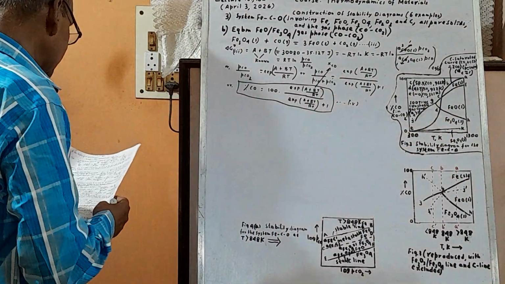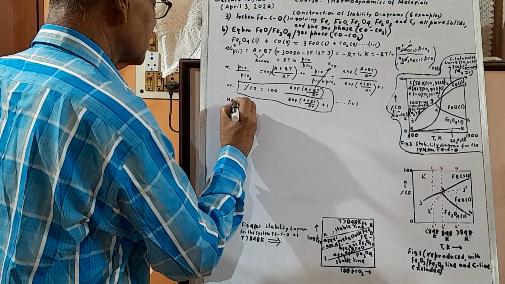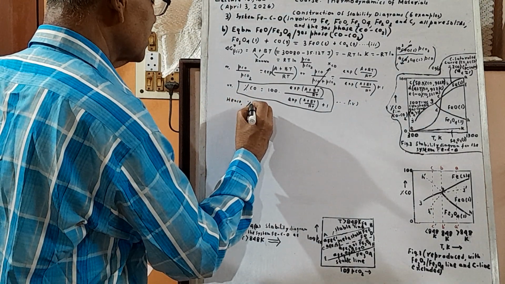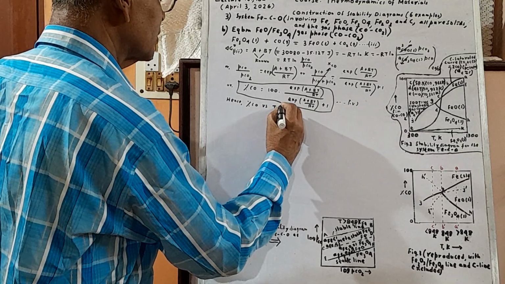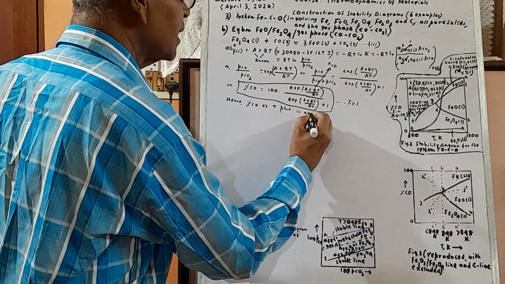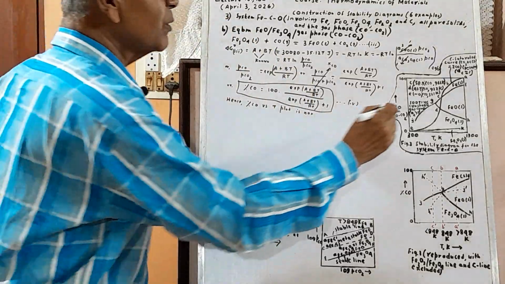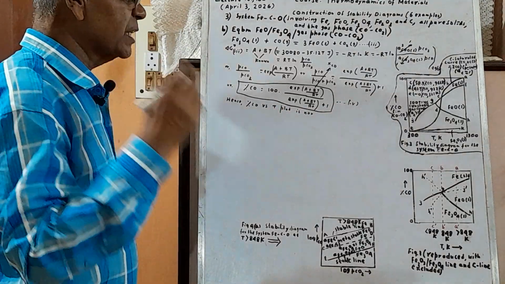So let us write this. Hence, the percentage CO versus T plot is non-linear. Last time also it was non-linear. This one is exactly similar. You may check back.